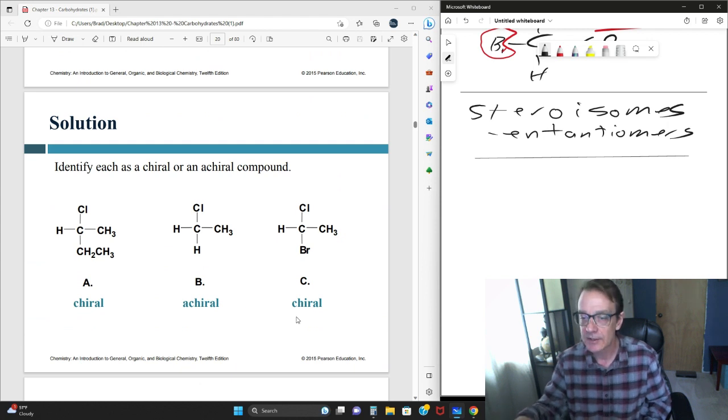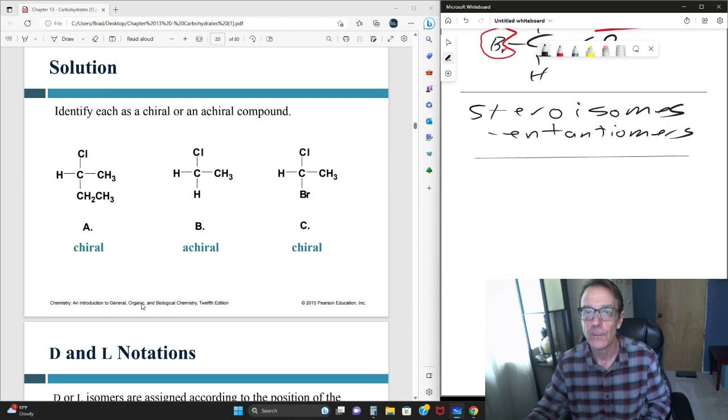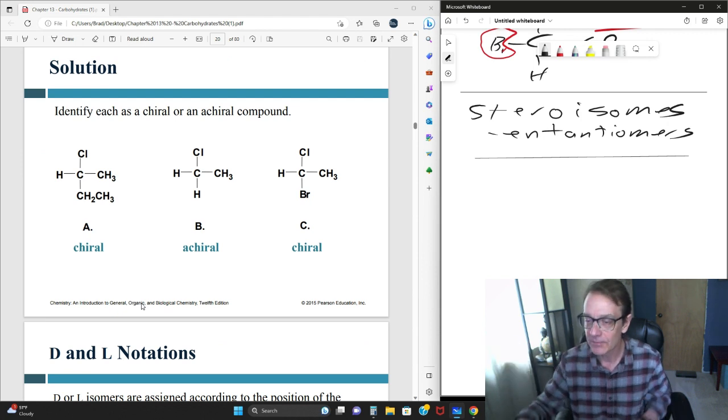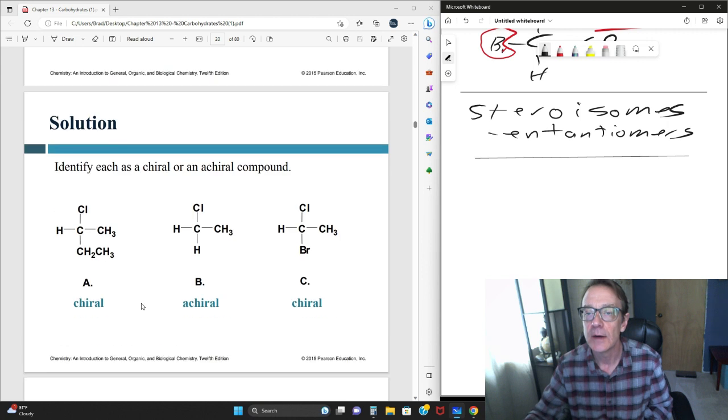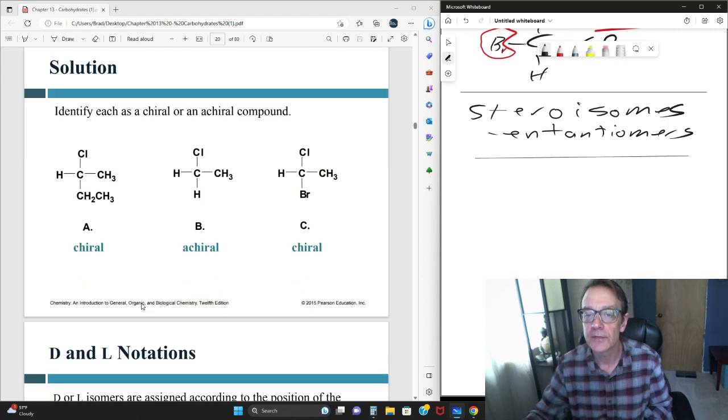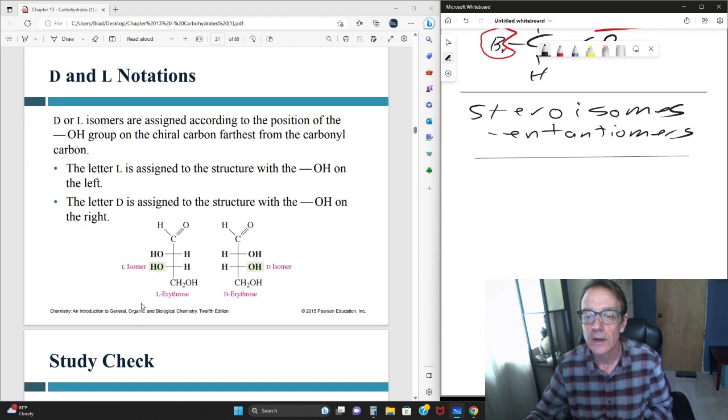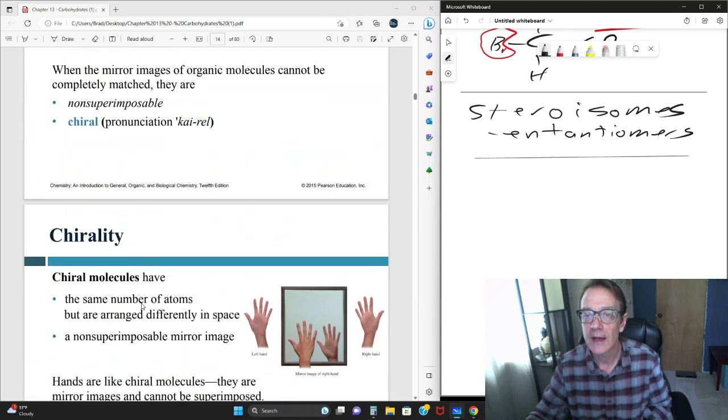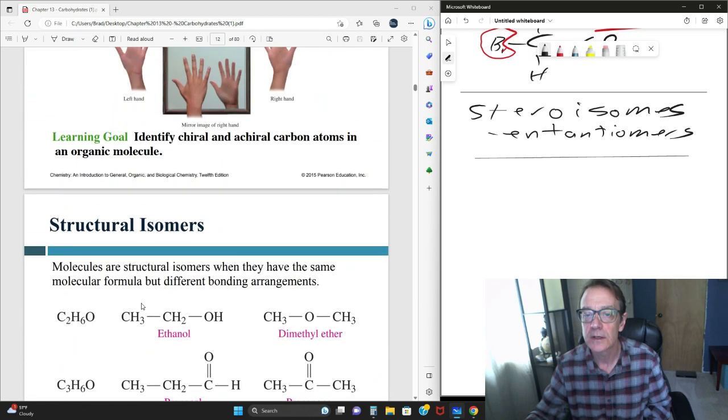Okay, enantiomers are stereoisomers that are chiral. A lot of big fancy words, but hopefully the concepts are kind of self-explanatory. And I'm going to go back. Let's see here.